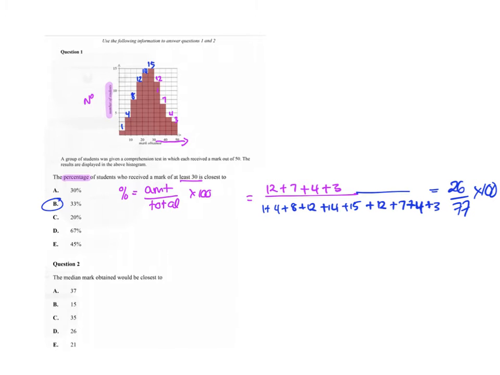So the median mark would be closest to. Now this is what people struggle with. So finding the median in a histogram. What you need to do, so finding the median in histogram. So remember, we know that you can find the median at the n plus 1 over 2 position.